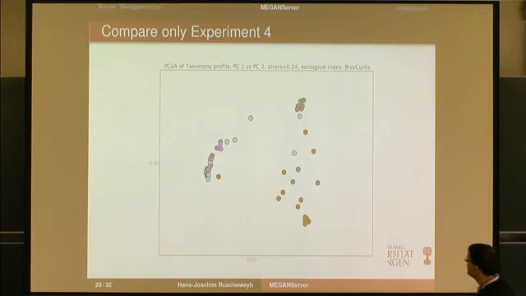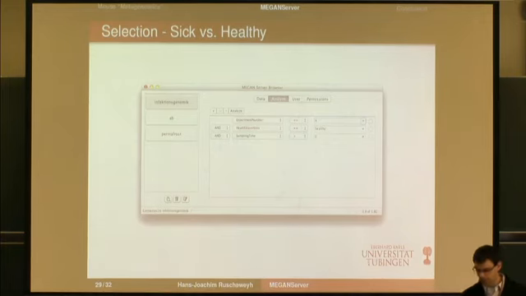So it's actually that one and that one belong together, that one and that one belong together. So the next step, if you want to dig deeper into the analysis, is to say, hey, I actually want to take all of it from experiment 4. I want to take all healthy ones, and I want to take them which have been sampled when they were actually supposed to be sick or healthy. So I take all of them which were healthy. You can see it here.